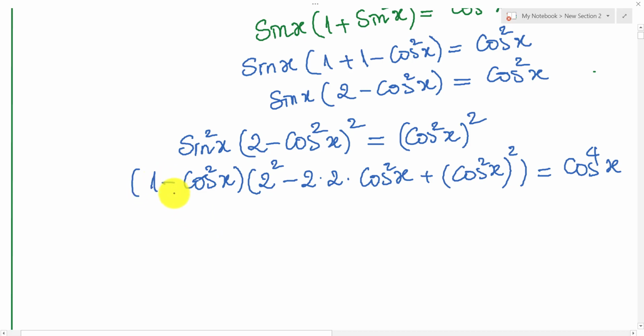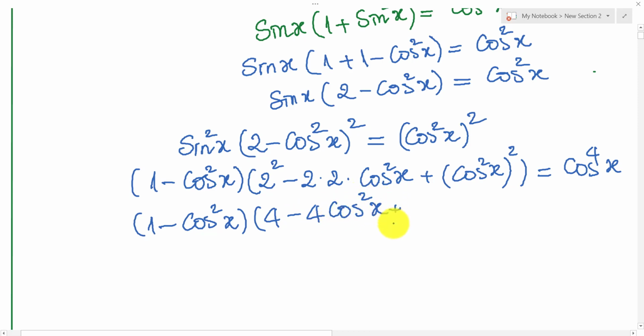So we get 1 minus cosine square of x times 4 minus 4 cosine square of x plus cosine power 4 of x equals cosine power 4 of x.